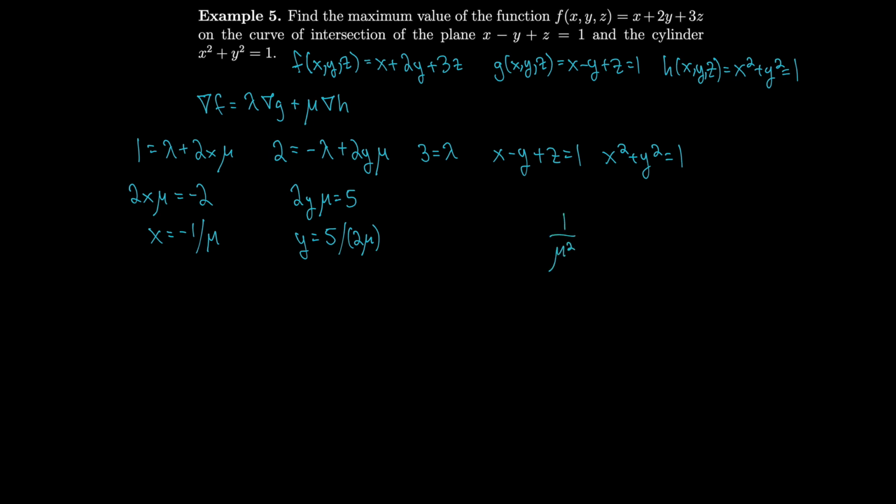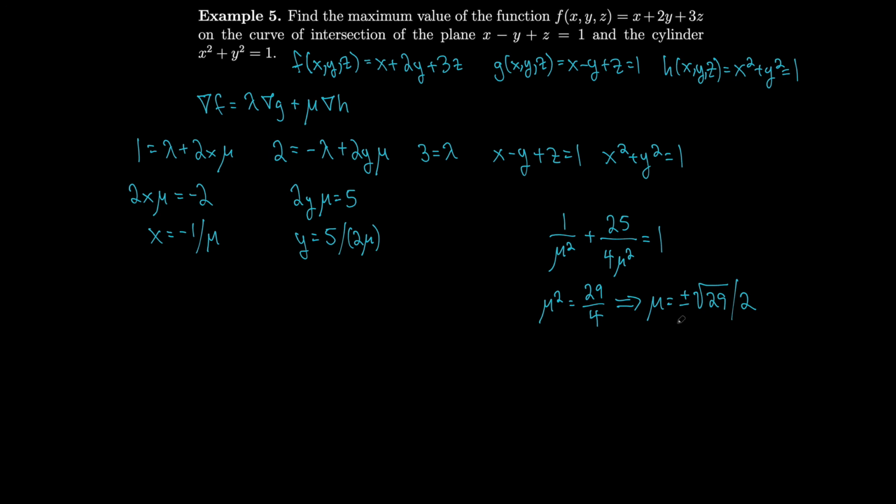The minus will cancel. And 5 over 2 mu becomes 25 over 4 mu squared. So that must be equal to 1. So that tells me that mu squared must be equal to 29 over 4 by multiplying this by 4 and then combining and then moving stuff over. So taking square roots, that gives me mu is equal to plus or minus the square root of 29 over 2.